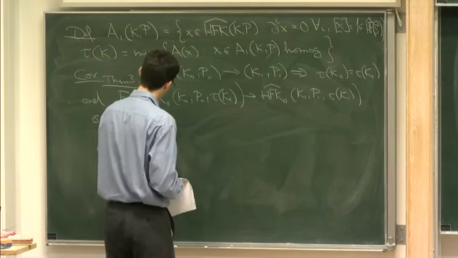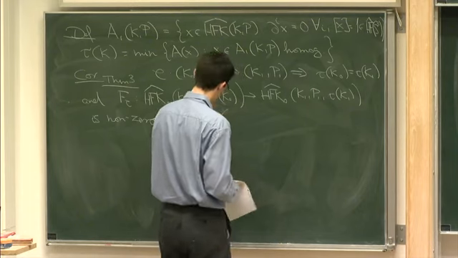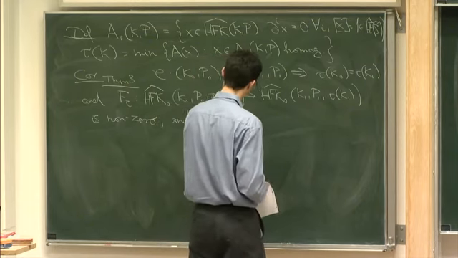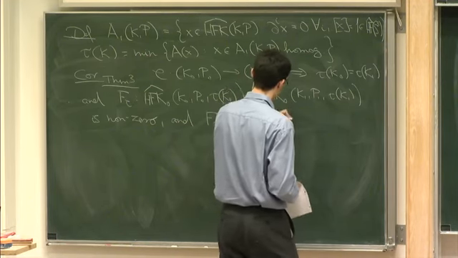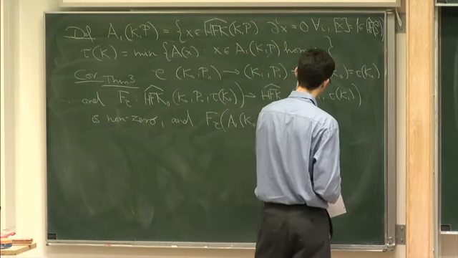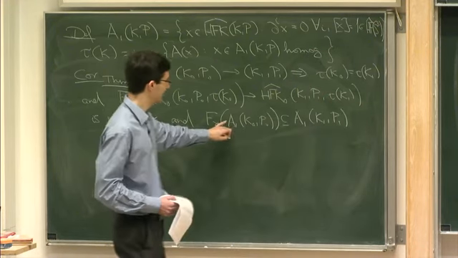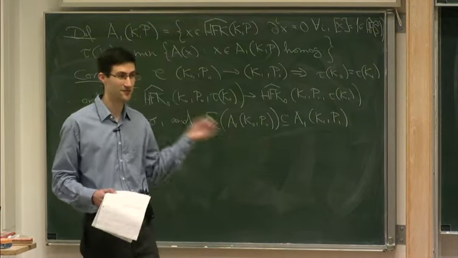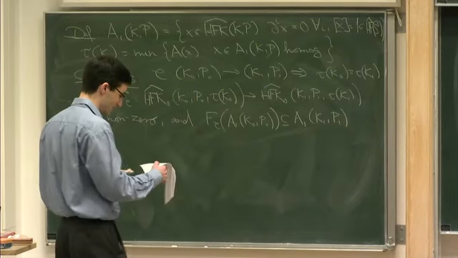Furthermore, F_C maps A1 of K0 P0 into A1 of K1 P1. So it preserves the set of elements that survive the spectral sequence and represent 1 in the limit. Okay.